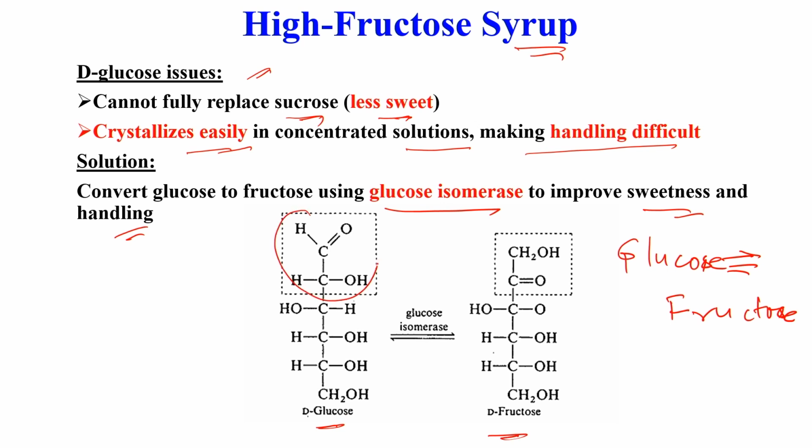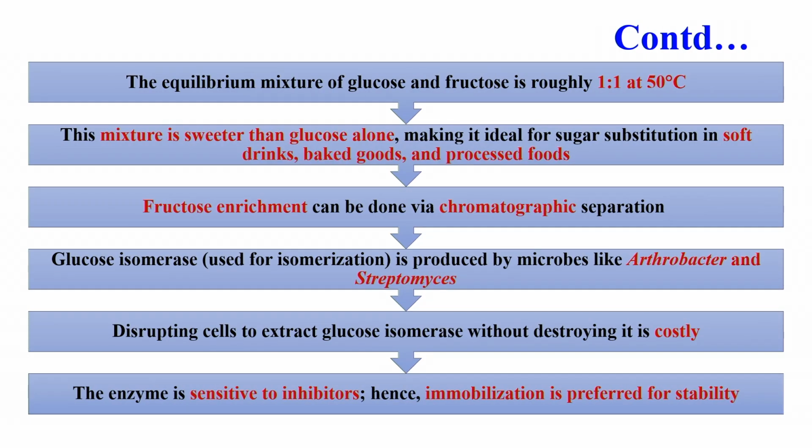So, this functional group is changed here: the aldehyde group is converted to a ketone group. How is it done? I have listed a few steps here. The equilibrium mixture of glucose and fructose is roughly 1:1.